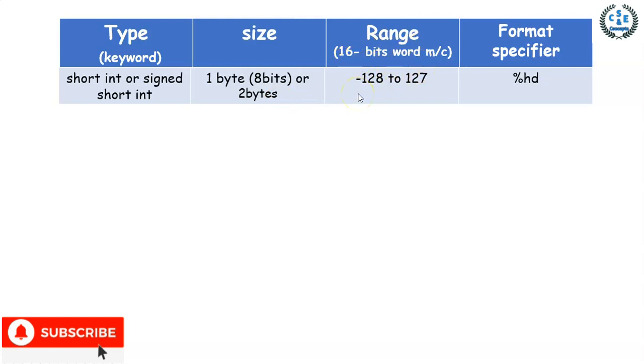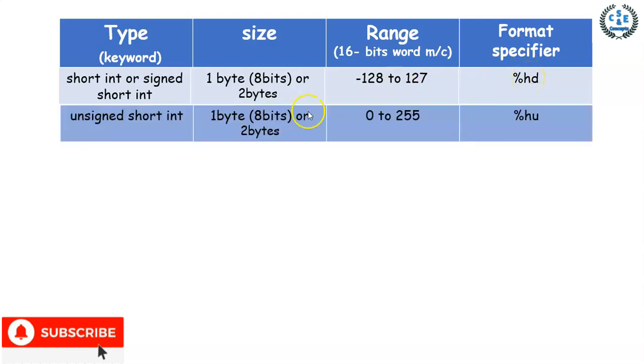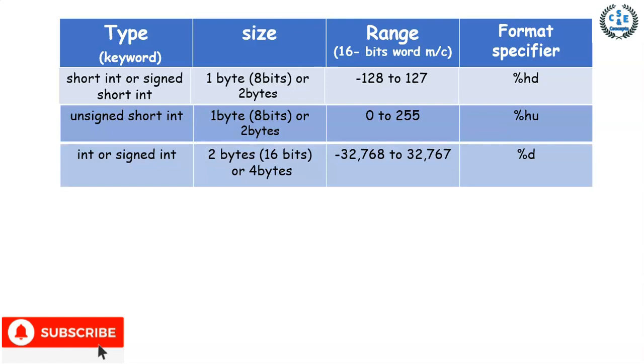The range for short integer is minus 128 to 127 and the format specifier is %hd. Next, unsigned short integer, which uses 1 byte or 2 bytes of memory, and the range is 0 to 255 and the format specifier is %hu.